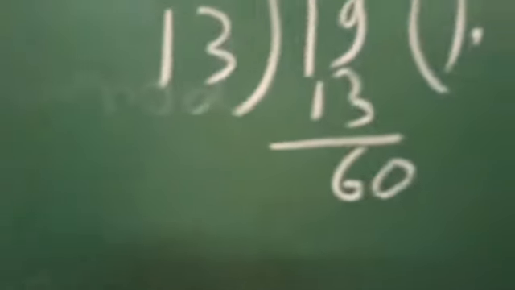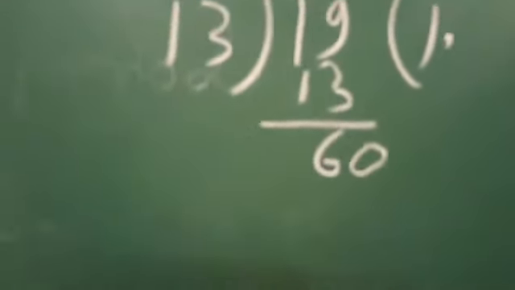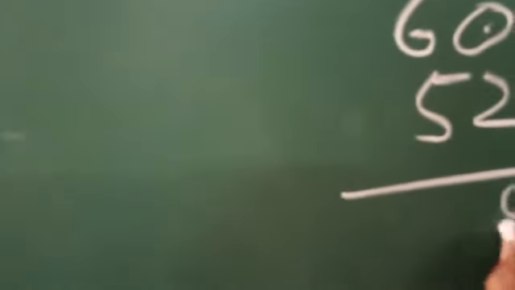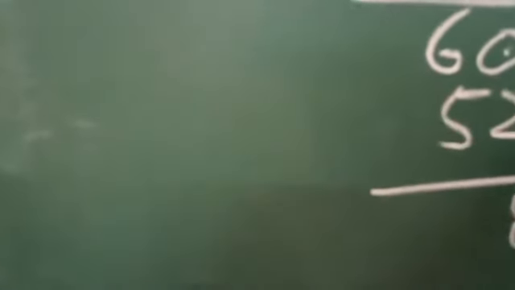So 13 becomes 13, 6 decimal. So from 10, 4 went, 8; from 10, 2 went, 8, 80. 1.46.